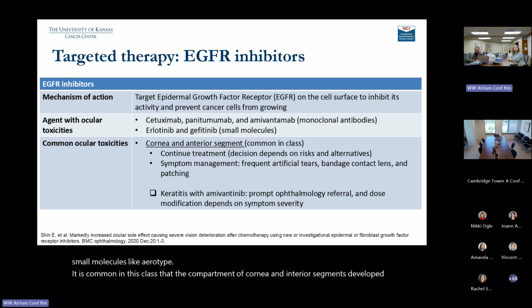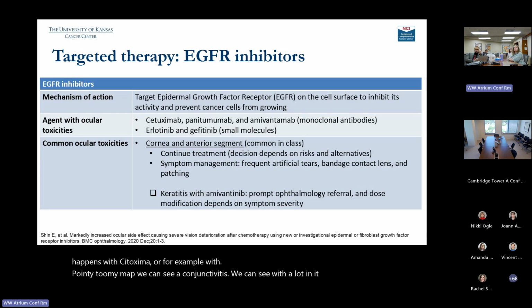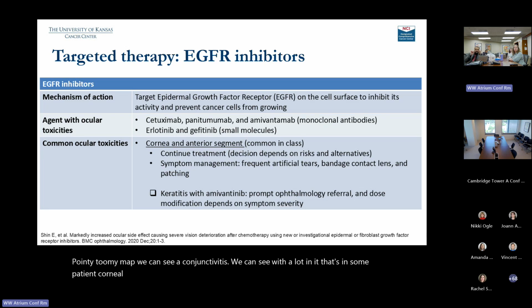For example, we can see corneal erosion or eyelash trichomegaly with cetuximab. Or with panitumumab, we can see conjunctivitis. With erlotinib, in some patients, corneal thinning or eyelid changes happen.